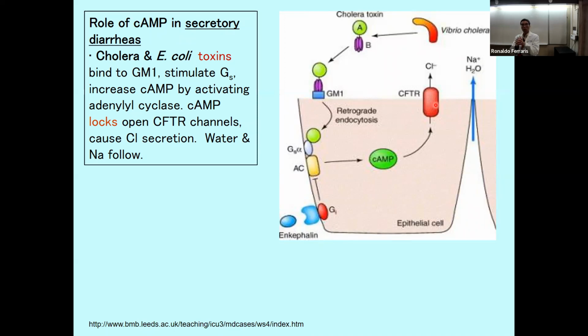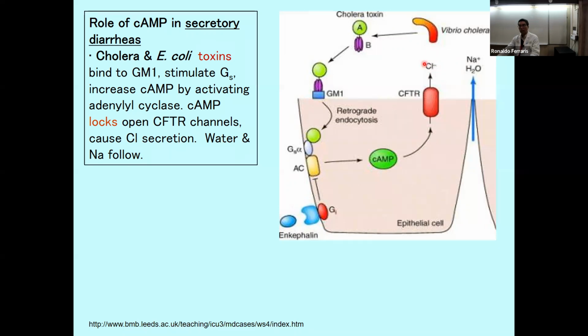If you have cholera, then cyclic AMP production increases, and the increased cyclic AMP activates CFTR and locks it open, so that chloride now has a free rein to go from the cytosol to the food side.